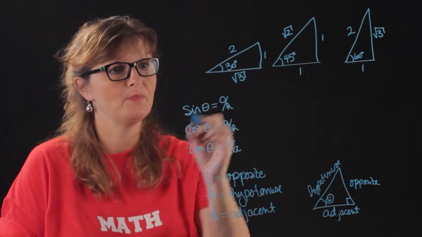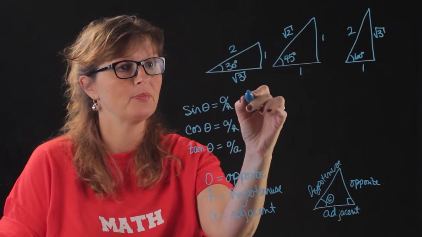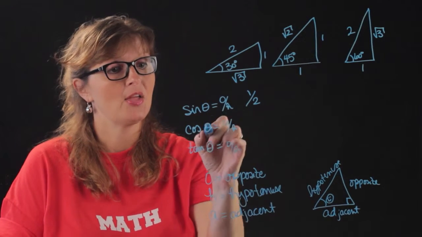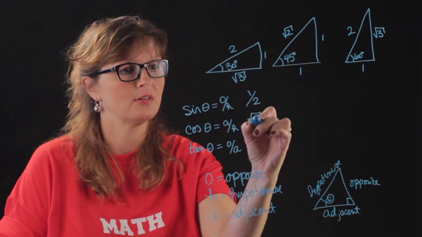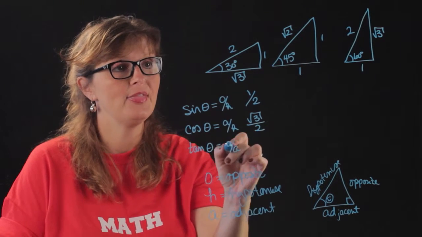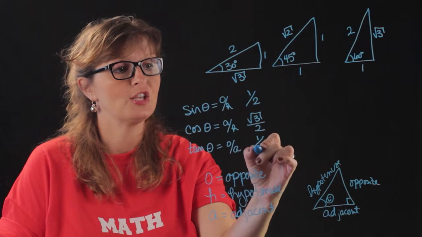So up here, the sine of 30 degrees is the opposite over the hypotenuse. The cosine of 30 degrees is the adjacent over the hypotenuse. And the tangent of 30 degrees is the opposite over the adjacent.